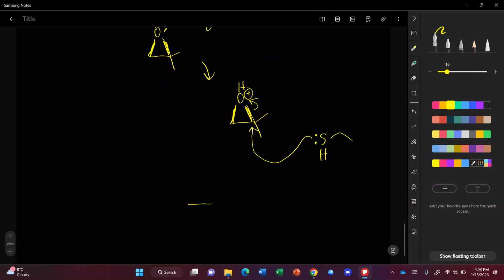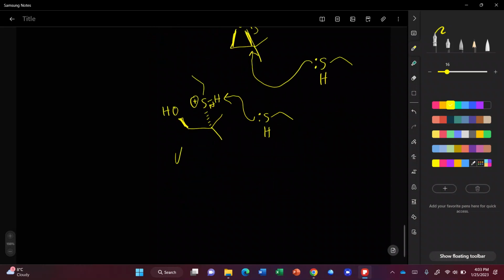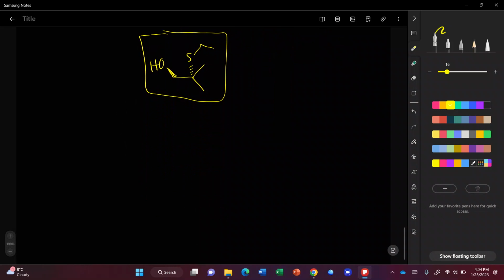And that is going to get me to this guy right here. And then again, the final step is just going to be to deprotonate that hydrogen. Something is going to do that deprotonation. Okay. So that your final product is just the neutral species. Alright? So hopefully that makes sense.